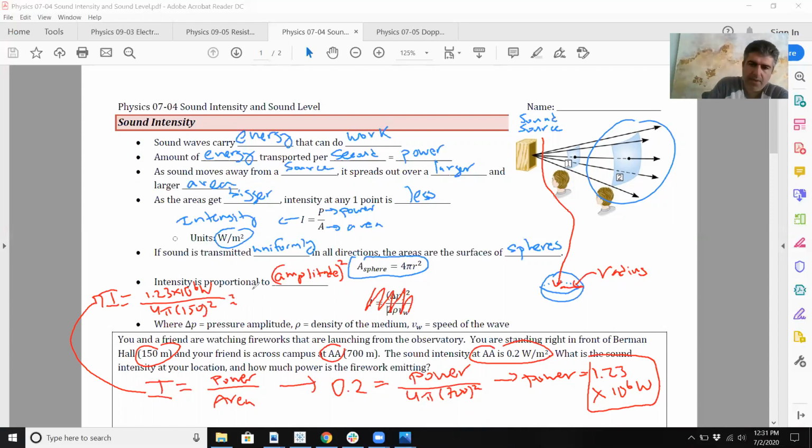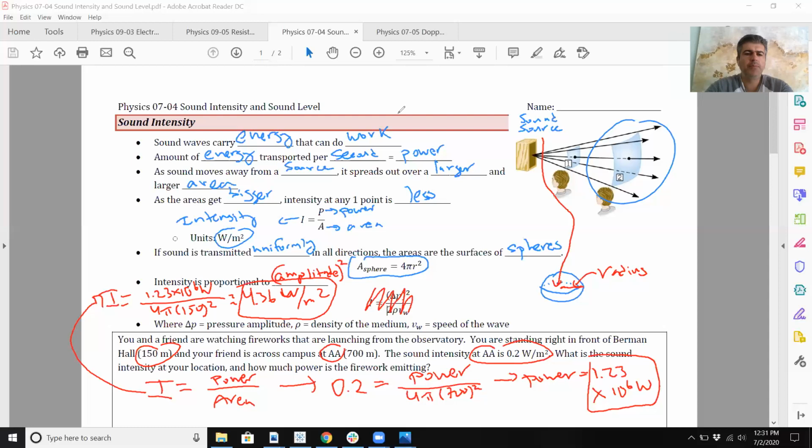And if you work that out, you should get, I believe, 4.36 watts per meter squared. So it's going to be more intense because obviously you're closer to the source compared to your friend who's at that location. Any questions so far?